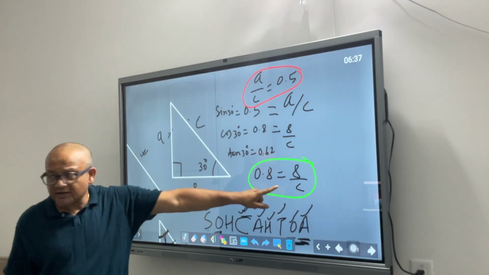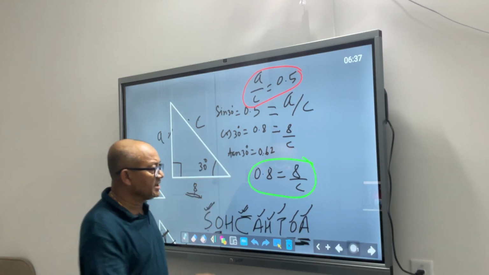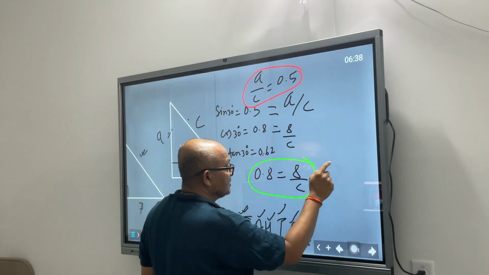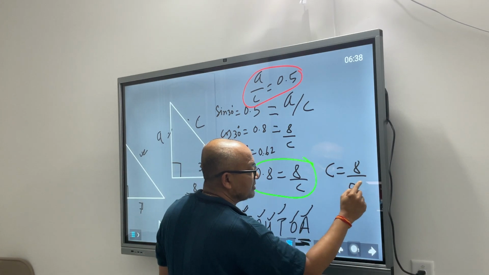From this, can we find out the value of C? 0.8 equals 8 by C, that means C will be equal to 8 divided by 0.8.